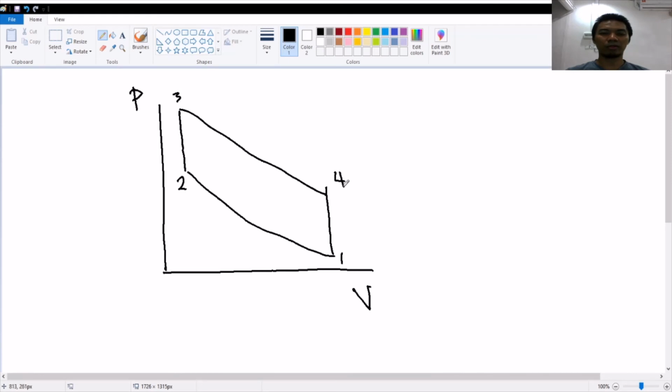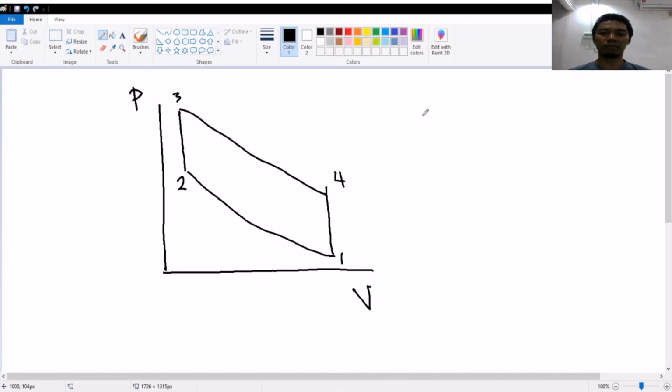Where's the isentropic? Where's the volume increase? This is a simplified PV diagram. Where does the combustion happen and everything like that.